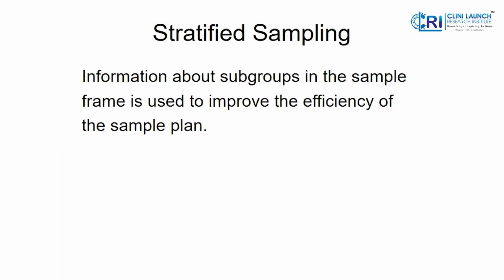And for each independent population, you have to define the sample size. For each group, you have to decide your sample size. Understood? This process is called stratification.